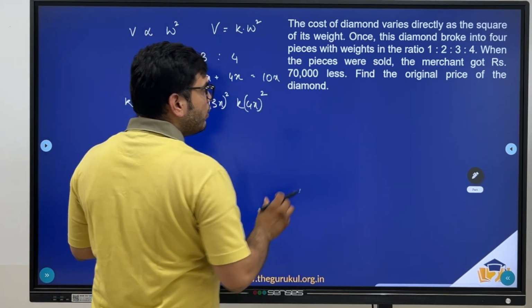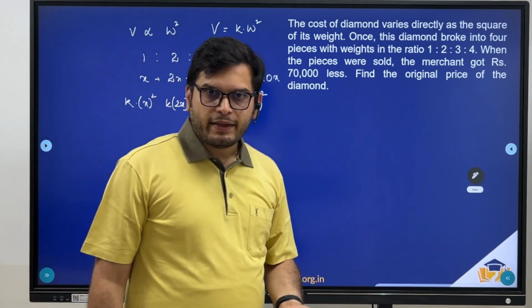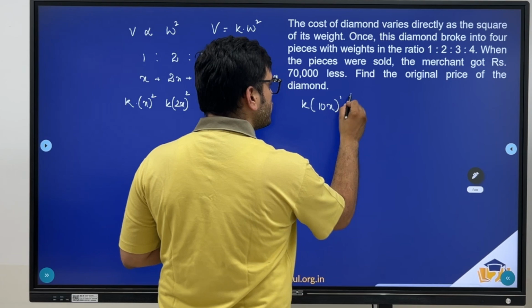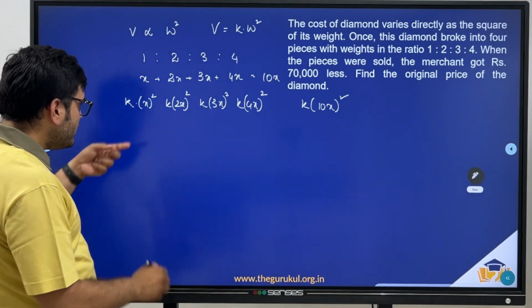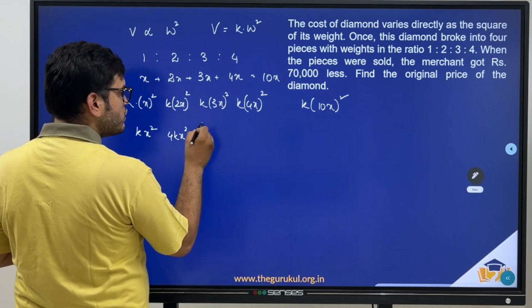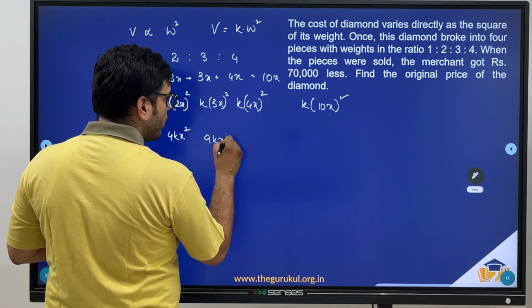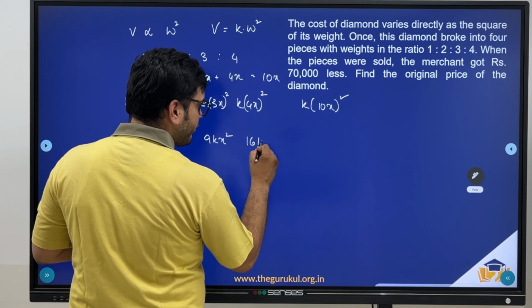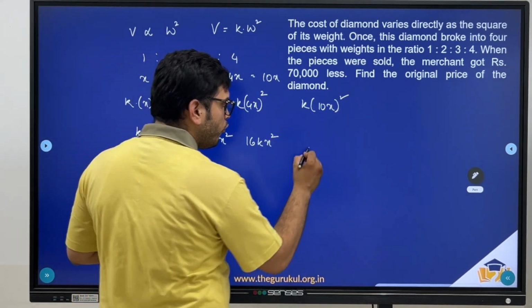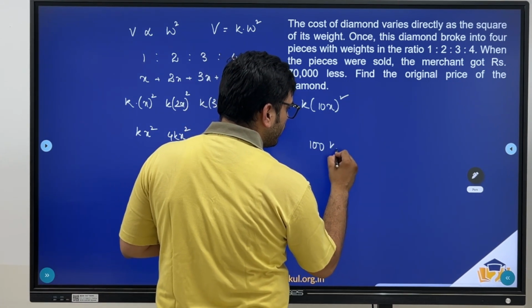And for the diamond before the breakage, that would be K into 10x whole square. Now the values would be kx square, 4kx square, 9kx square, and 16kx square. And the value of the original diamond would be 100 kx square.